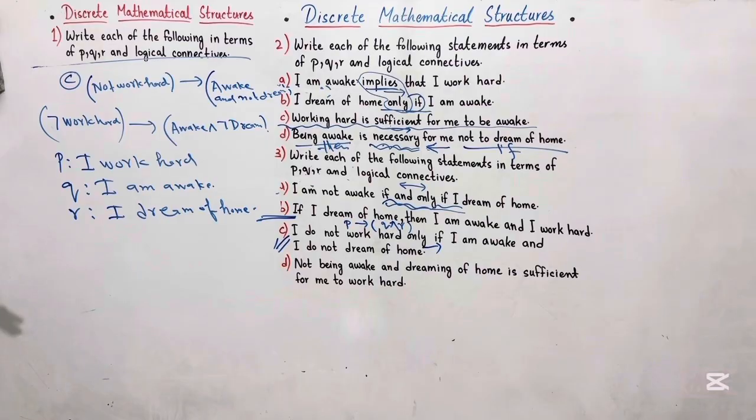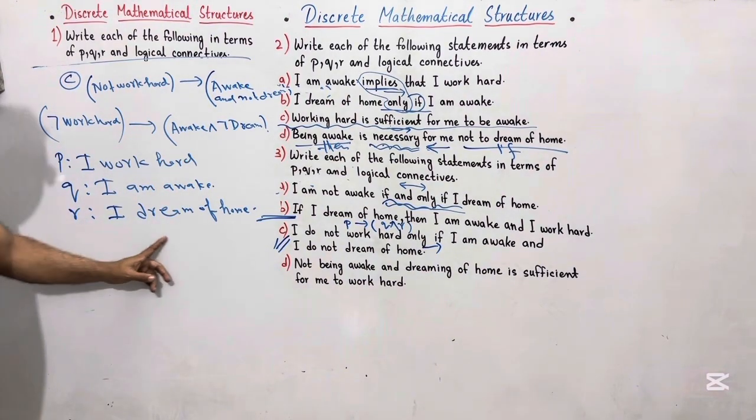Look at this. I have taken all positive. If some sentence is negative, I can plug in the negation symbol. P, I work hard. Q, I am awake. R, I dream of home.